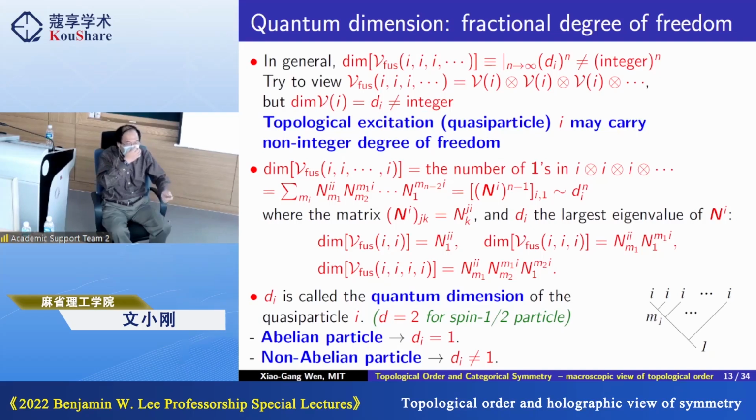It turns out that di may not be an integer. Can I ask, is this fusion ring concept able to go beyond conformal field theory? So this discussion is not just topological. Actually any gapped system has excitations, you can trap them.